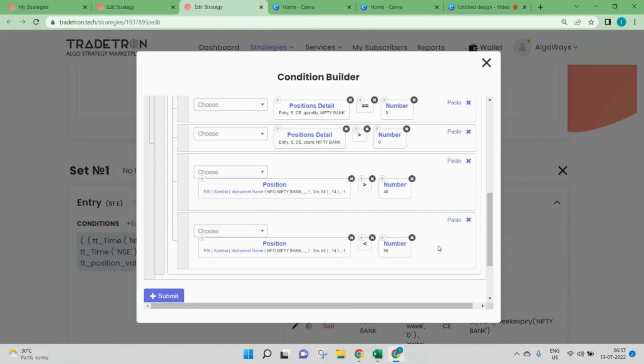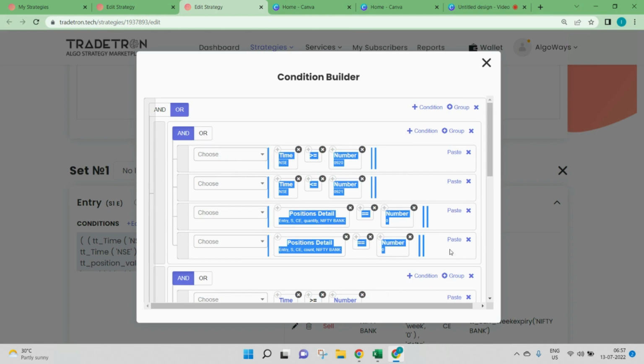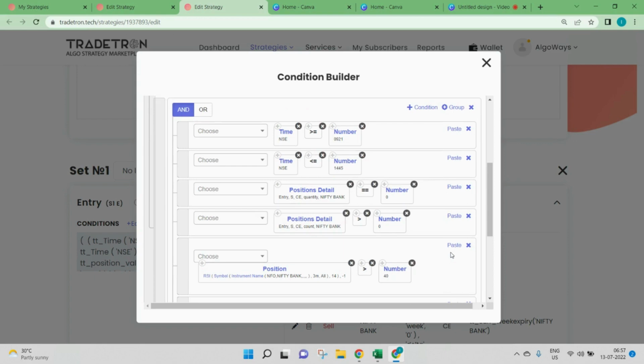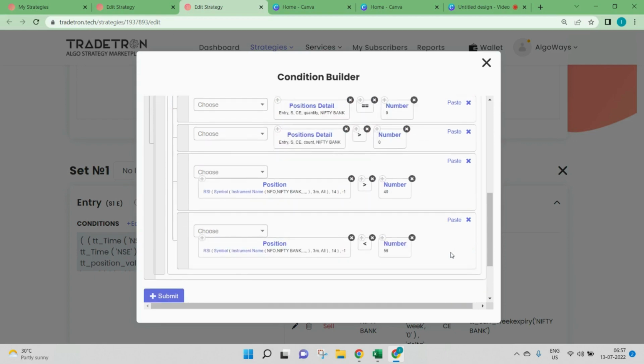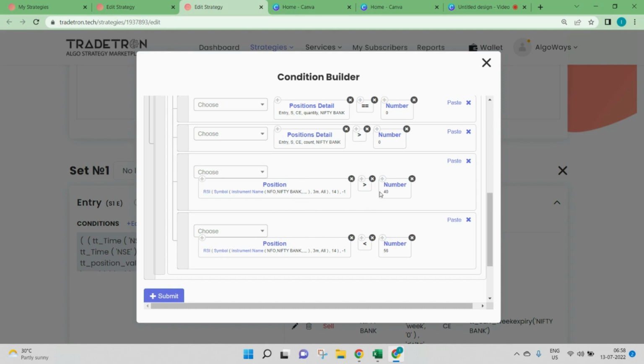So what does it mean? Your first entry can happen based on time. But if the market goes in some kind of momentum or direction and your stop loss gets hit on the first entry, then your second entry should wait, because the market is already in direction or in volatility mode. So only till the 3 minutes RSI of the underlying instrument is between 40 and 56, will the next entry happen.